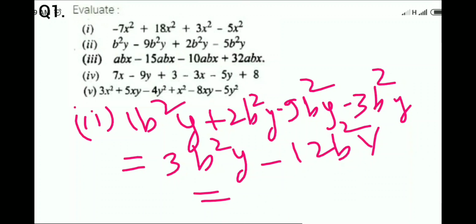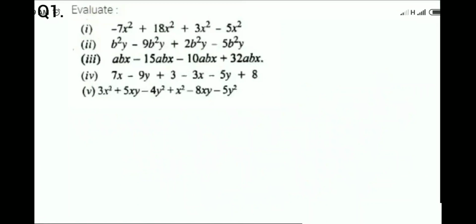Subtract, because there is 1 plus sign and 1 minus sign, there will be subtraction. Subtract from the bigger value, that is 12. 12 minus 3 is equal to 9b square y, which will be minus.